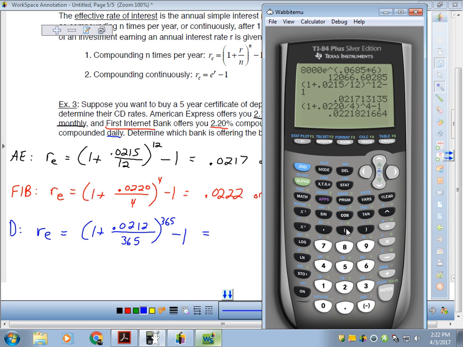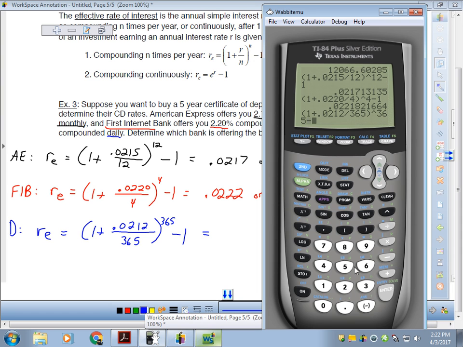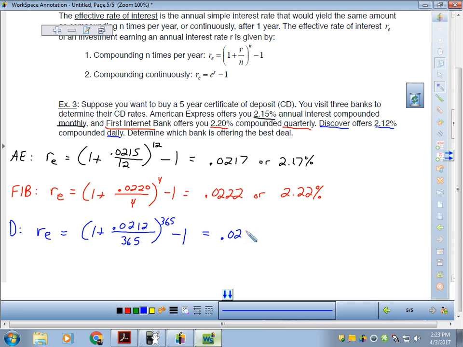And we go to our calculator. 1 plus 0.0212 divided by 365. Close that parentheses, raise it to the 365 power, minus 1. There we go, 0.0214, or 2.14%.